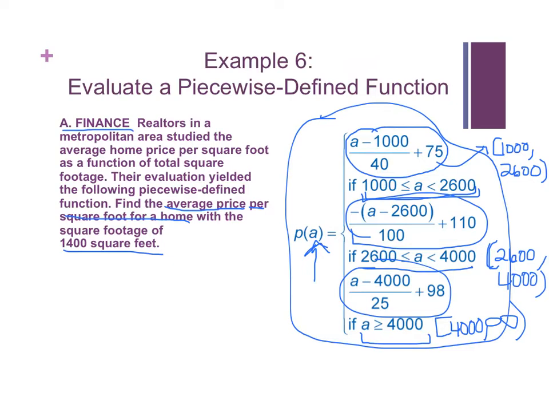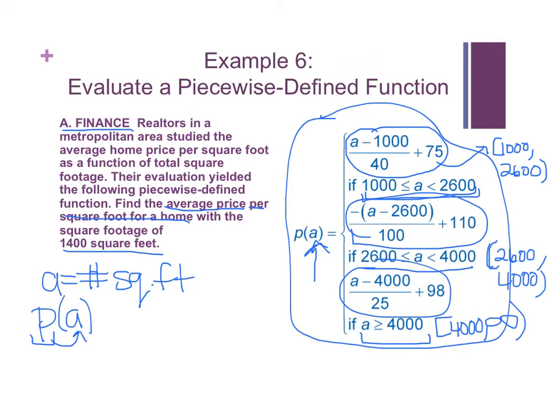So here's what's going on. A represents the number of square feet in the home, basically the area of the home. P of A, what they're saying is P represents price. The price is a function of the area.